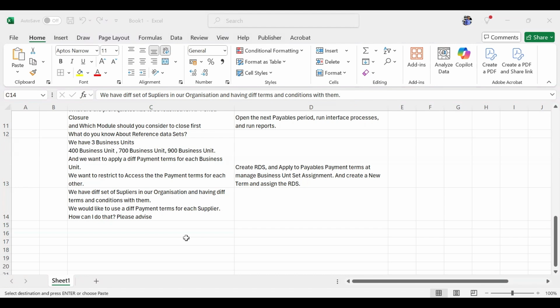Basically, immediate will be provided at invoice options, and that will be picked for your invoice generally. So if you want to specifically use some payment term for your particular supplier, then you have to provide a payment term for your supplier at supplier site level. Did you get my point? Yes, sir.